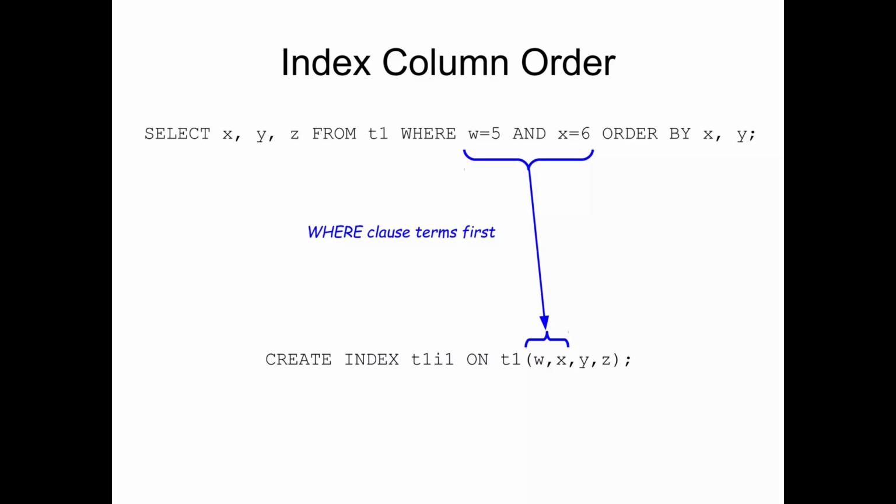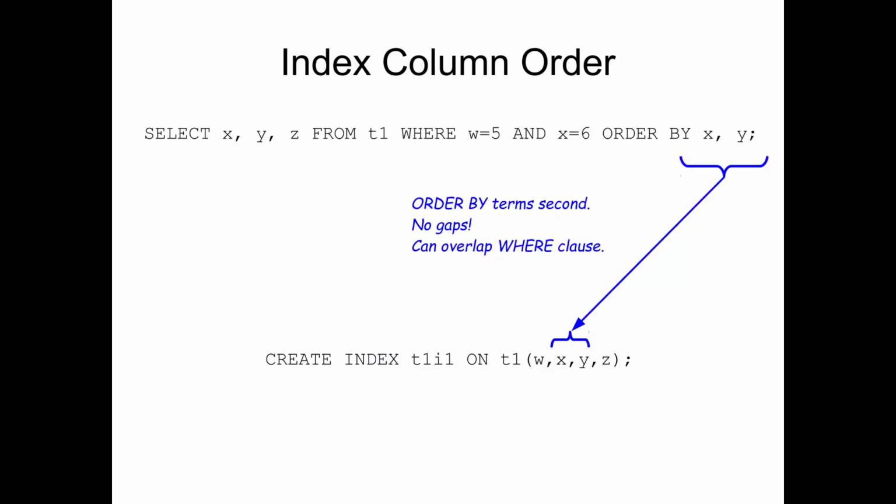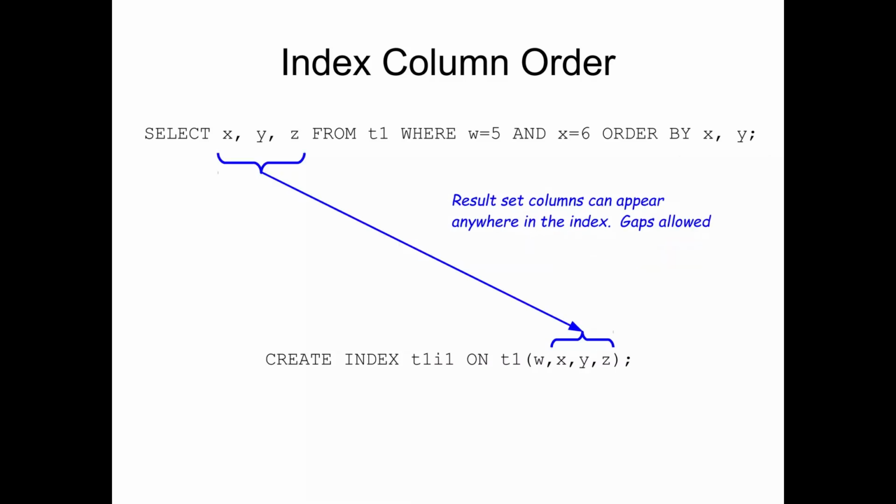And then, after that, you put your order by terms. Now, the where clause terms and the order by terms can overlap, but there can't be any gaps. You can't have an extra column in there. And then finally, over here on your result set terms, you want to put all of them in the index too, but there can be gaps, there can be overlaps, it doesn't really matter as long as they're all in the index.